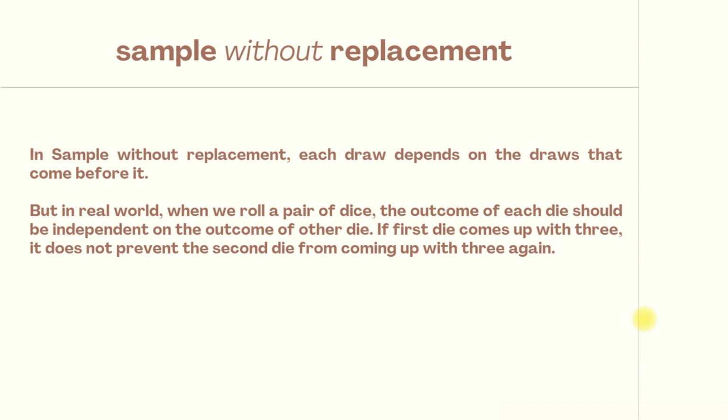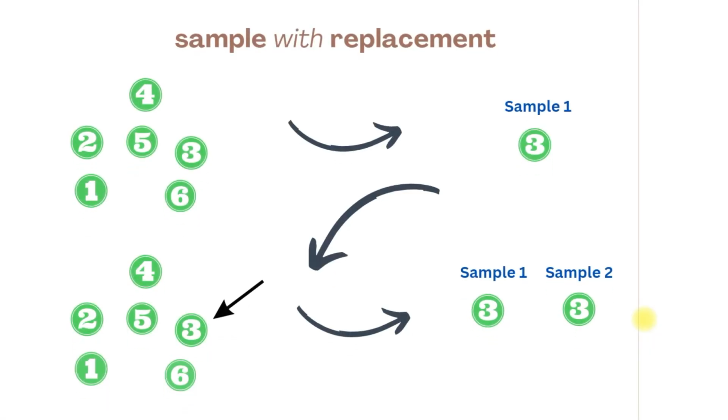The two dice should be independent of each other, and that independence can be generated if we do sampling with replacement. Now what is sampling with replacement? As you can see here, in the first sample I've drawn 3, but this time I'm putting 3 back into the jar again. So now number 3 becomes part of the population for my second draw.